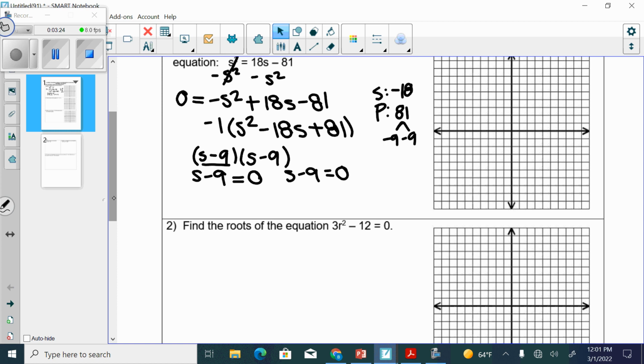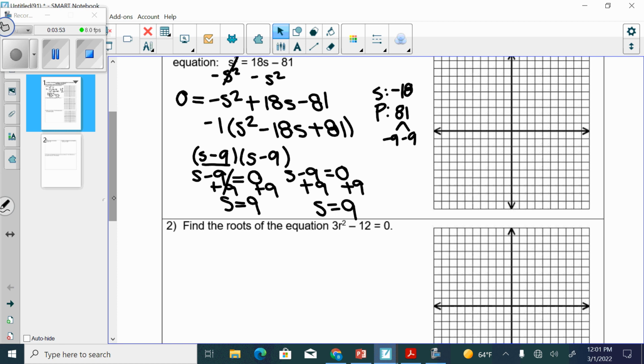Then our last step is to solve. How would I get s by itself? And what is 0 plus 9? So s equals 9. What about for that other parenthesis? Exact same. So again, we get s equals 9.